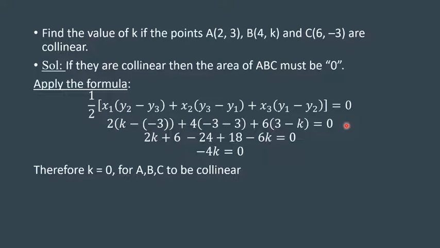And if we apply this, we can simplify the solution further and finally get minus 4k equal to 0, therefore k equal to 0. So k has to be 0 for these 3 points to be collinear. So 2 comma 3, 4 comma 0, and 6 comma minus 3 are the collinear points.